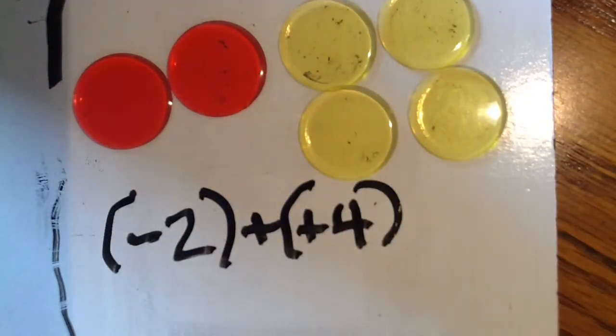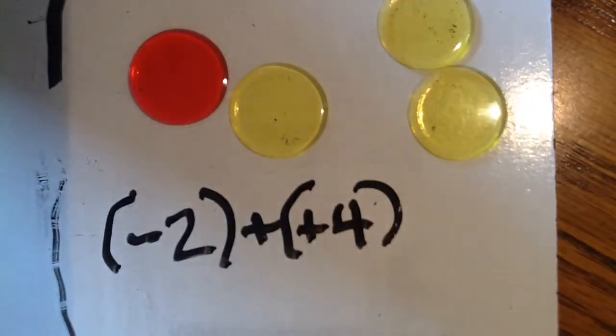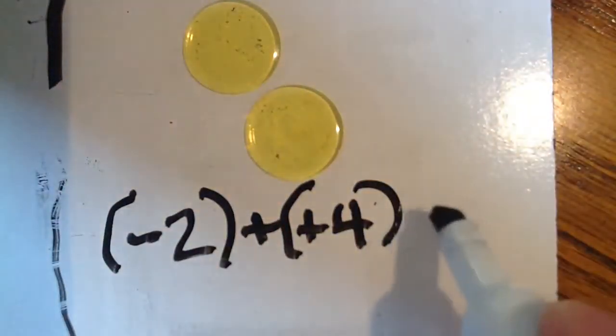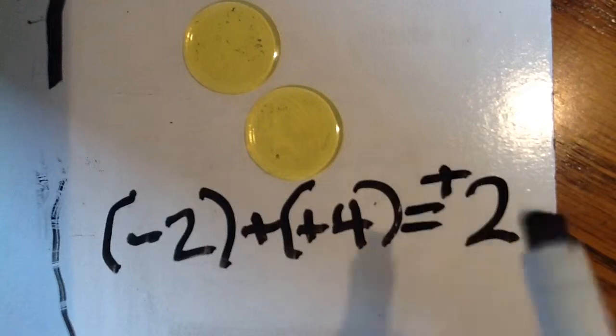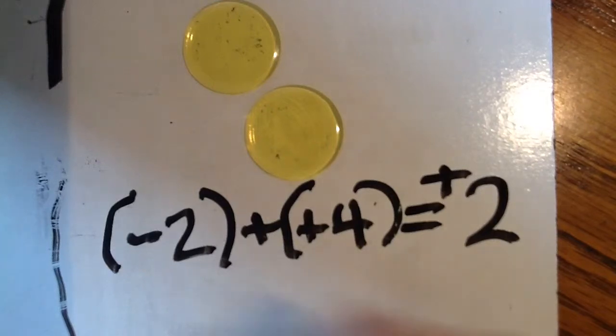Now remember, take out your zero pairs because they are worth nothing. So those two are gone. We'll pair these two up, and those two are gone. And we are left with 2 positives. If you can tell, 2 of these cancel out 2 of those, leaving 2 of those, which are 2 positives.